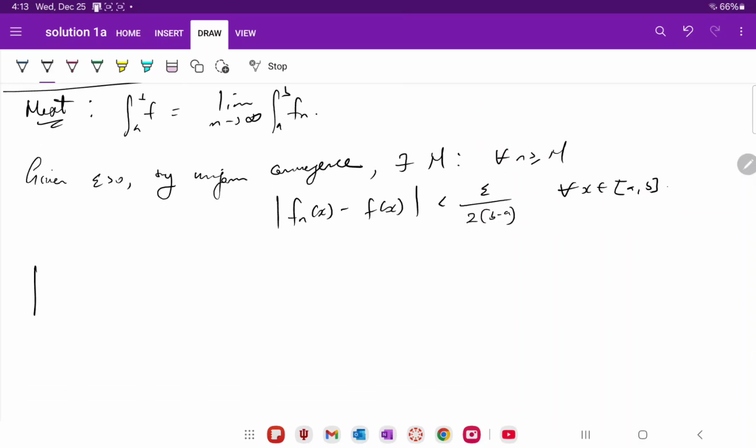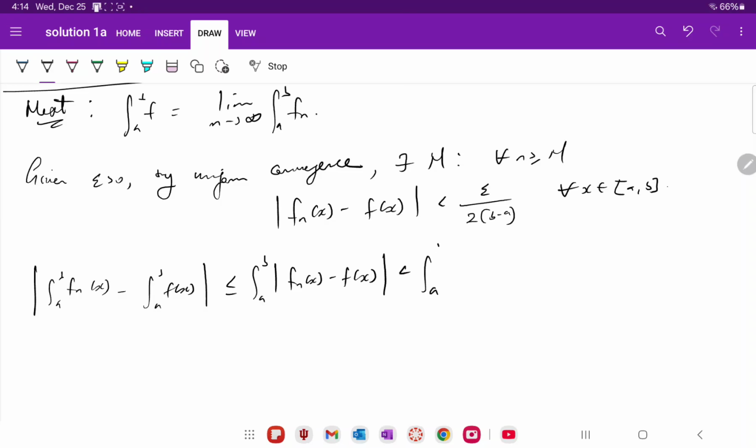Therefore, the absolute value of the integral of fn minus the integral of f is less than or equal to the integral of |fn(x) minus f(x)|, and this is less than the integral of epsilon over 2(b minus a), which equals epsilon over 2(b minus a) times (b minus a), and this equals epsilon over 2.